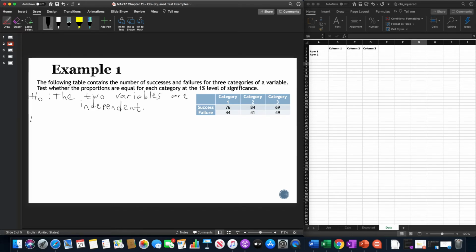The alternative is that the 2 variables are associated, or not independent.